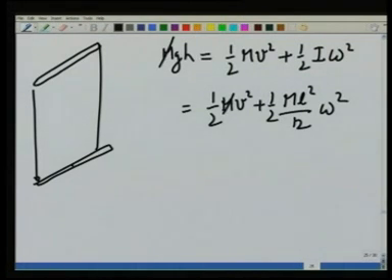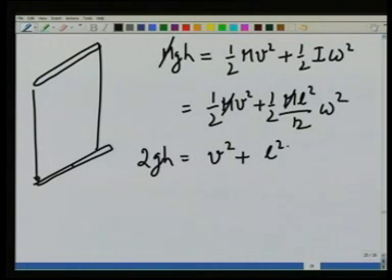M cancels, and therefore you get 2 g h equals v square plus L square omega square over 12.